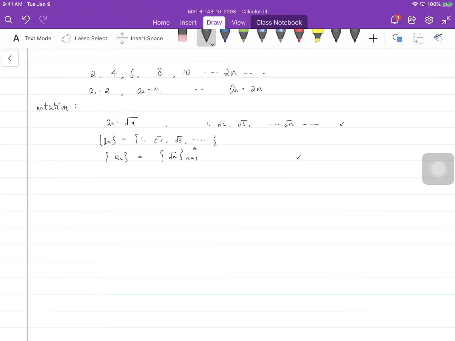Now let's take a look at the example. In example 1, the formula of an is given. By using the formula of an, we want to write out the sequence.